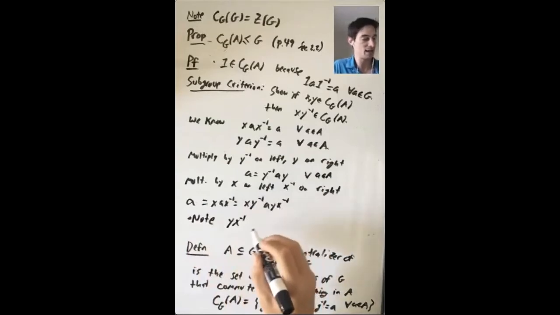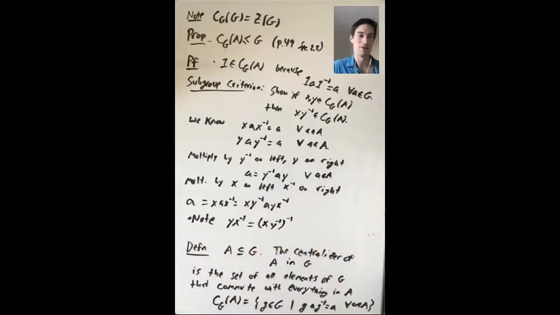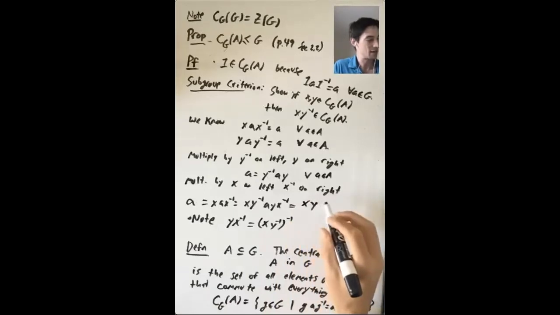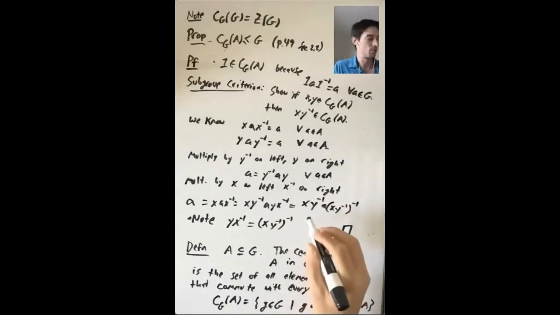This thing on the right-hand side is equal to (XY inverse) inverse. You can check that if you have YX inverse and you multiply by XY inverse, the X's cancel, the Y's cancel, and you get the identity. So this is XY inverse A (XY inverse) inverse, and now we are done by the subgroup criterion.